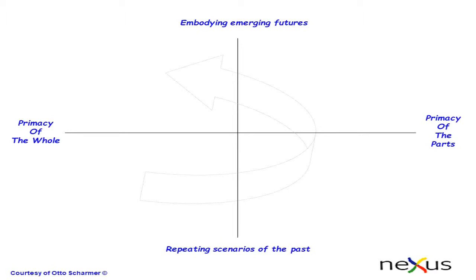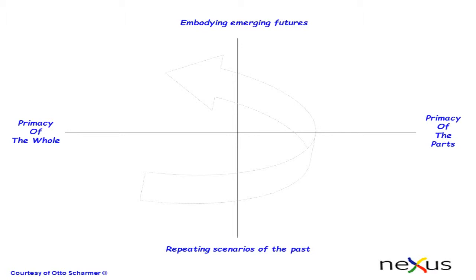And if you look at the map, you can see that these are the 2 fields on the top of the map. So it's a map that can ensure that you're having conversations embodying emerging futures and not conversations that are repeating scenarios of the past.